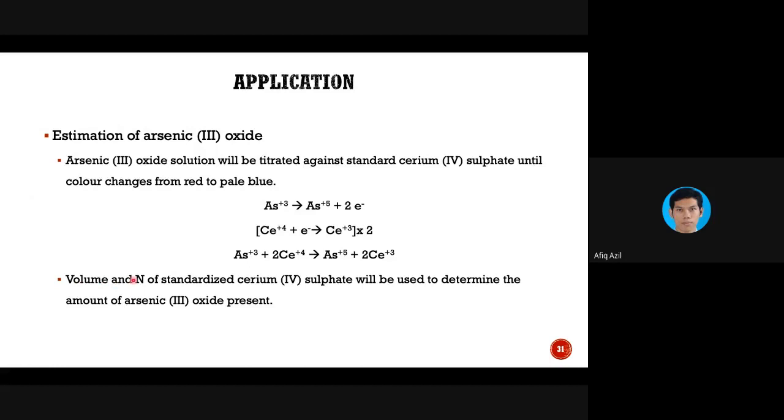The volume and concentration of the standardized cerium 4 sulfate will then be used to determine the amount of arsenic oxide present. You already know the concentration and volume of the standard cerium sulfate, and for the arsenic oxide you already know the volume, so you just need to calculate the concentration.